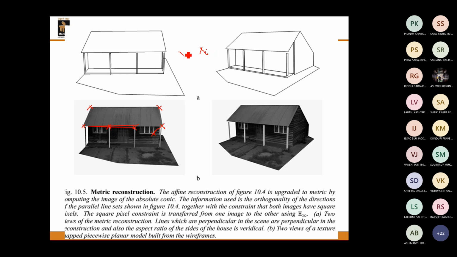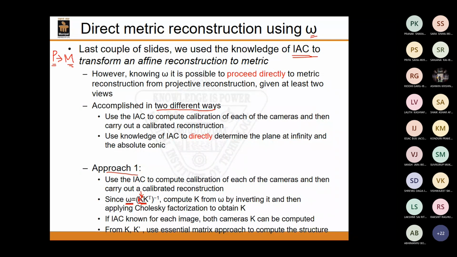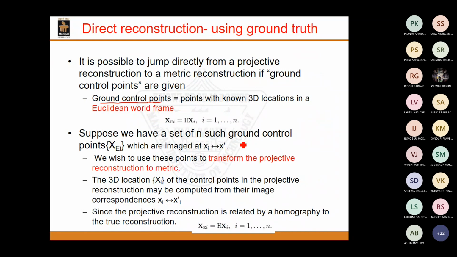For those points, if you know the actual values in the world coordinates for those exact points, the ground control points, then I can try to find the mapping between these two, right? Since I can find the mapping between these two, I can just apply this transformation matrix to all the points in the image to convert them to the Euclidean space. So this is the second method, which is called using ground control points.